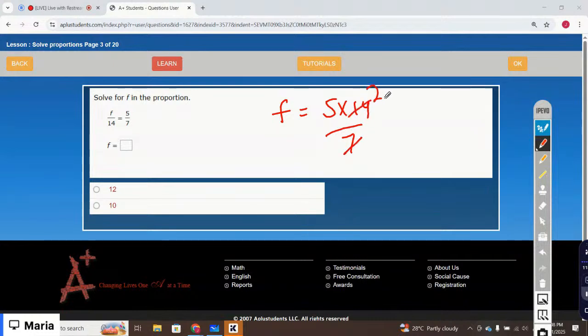Seven times 1 is 7, 7 times 2 is 14, 5 times 2 is 10.